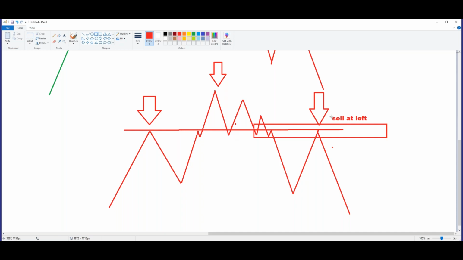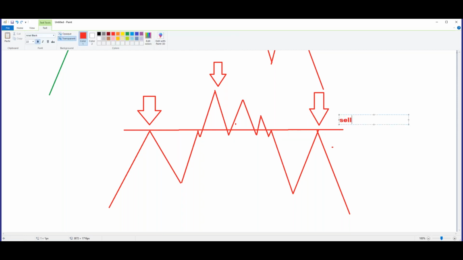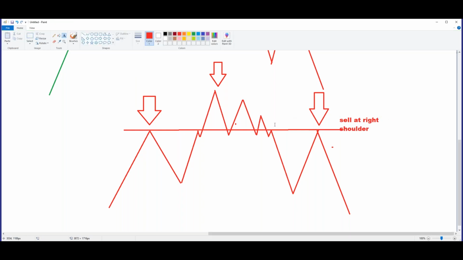Sorry, left, right, sorry. Let's sell at the right shoulder. At that right shoulder, you must look where the king is. The king is important.